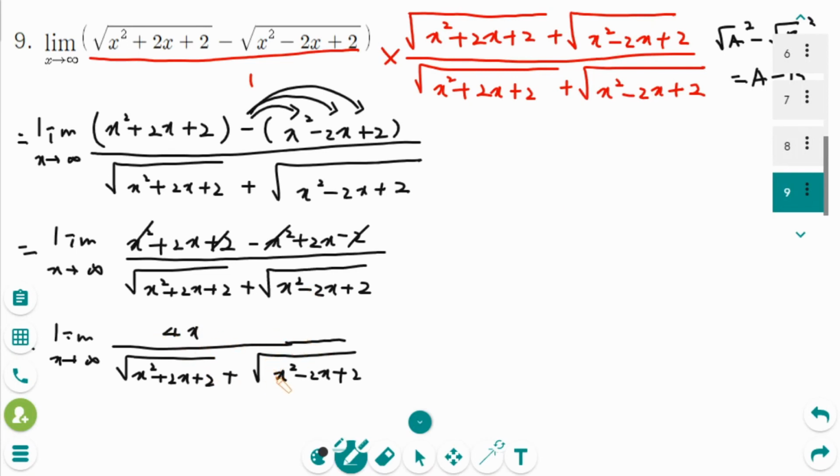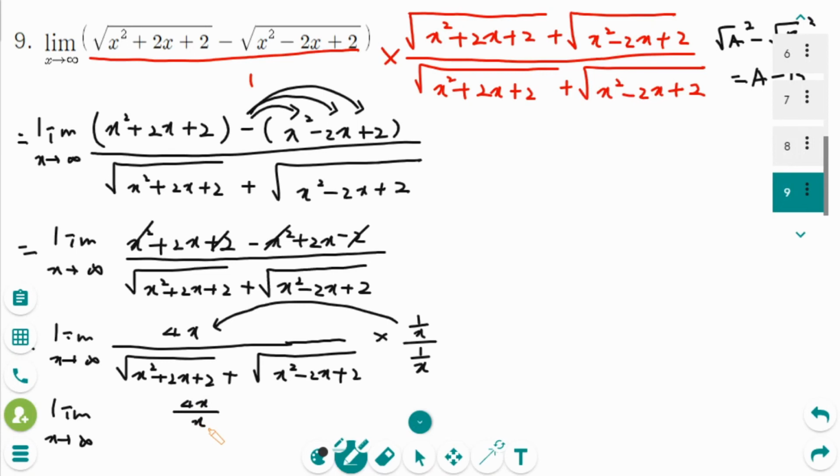So find the highest power of x, which is square root of x squared is x, so times 1 over x on each side, and then limit as x approaches infinity. This one is 4x over x.